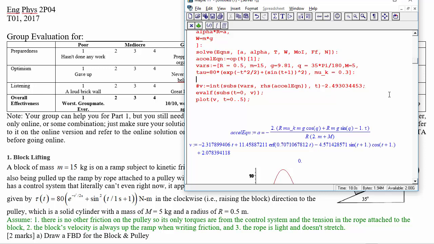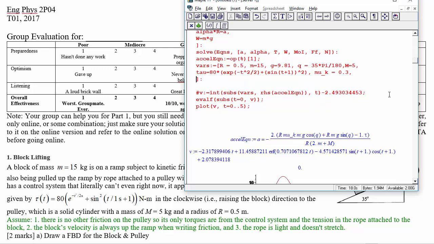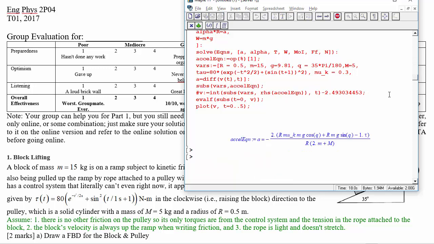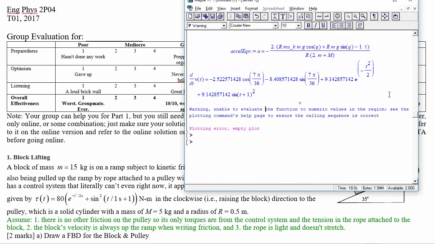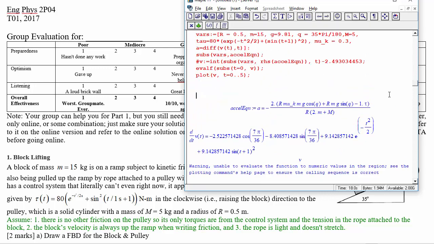So what we're going to do is take, in addition to substituting in these variables, we're going to substitute in that a is equal to diff of v at t with respect to t. Then subs vars into the acceleration equation gives us this expression.